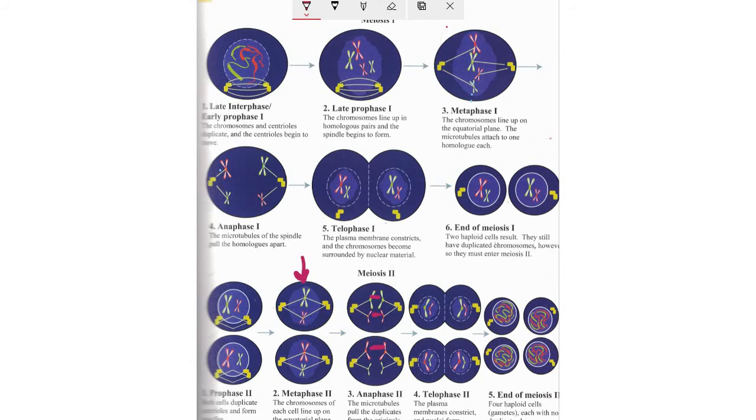So now what do we end up with? We end up with 4 cells. So in telophase, the plasma membrane starts to pinch off again, and we end up with 4 cells, each of which contains half of the genetic information. So you end up with 4 haploid cells.